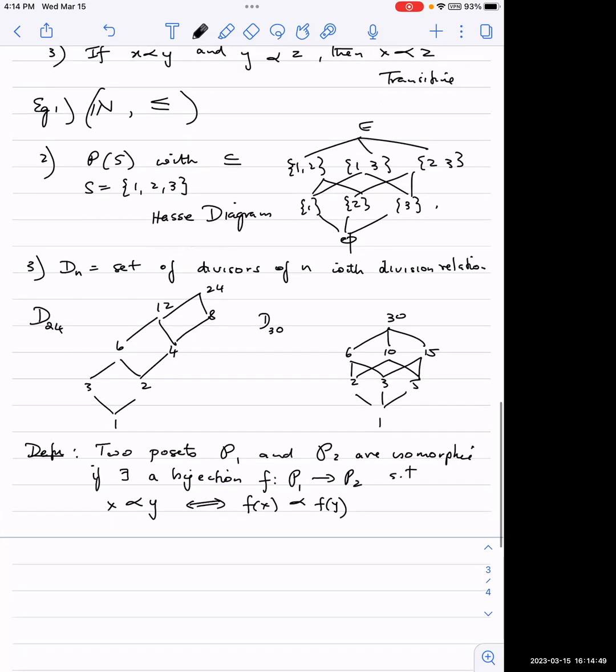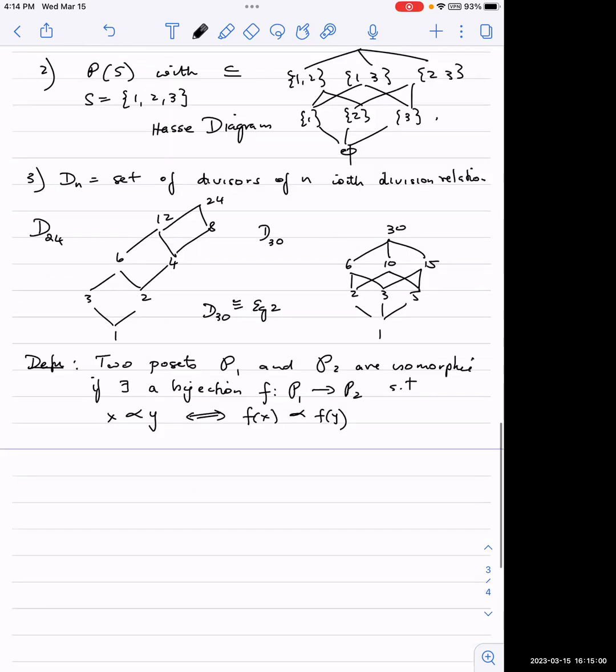And in our example, D30 is isomorphic to example 2 over there, right? And you can see that in the Hasse diagram. So that's partially ordered sets for you.